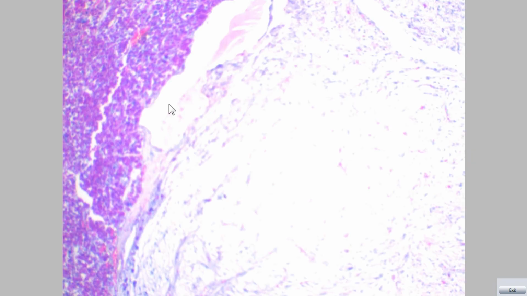The second part of the anterior pituitary is the pars intermedia.